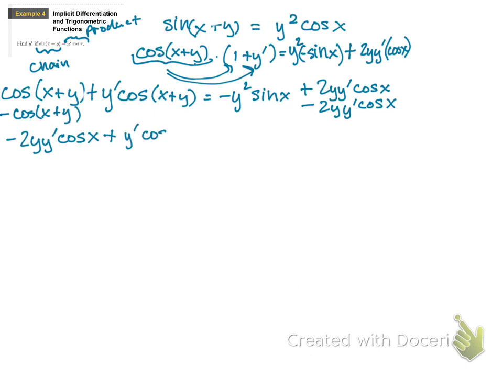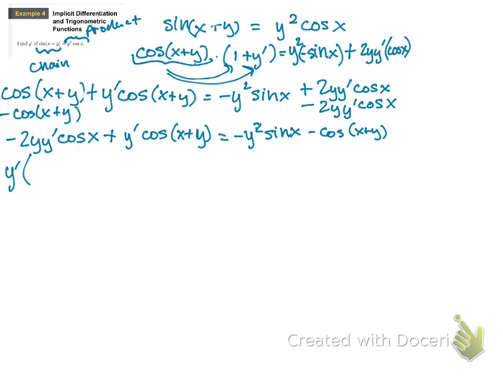All right, so on the far left, I've got negative 2y prime cosine x plus y prime cosine x plus y, equal to negative y squared sine x minus cosine of x plus y. That's a y squared right there. The reason we push it all to the left is so that then we can factor out y prime.